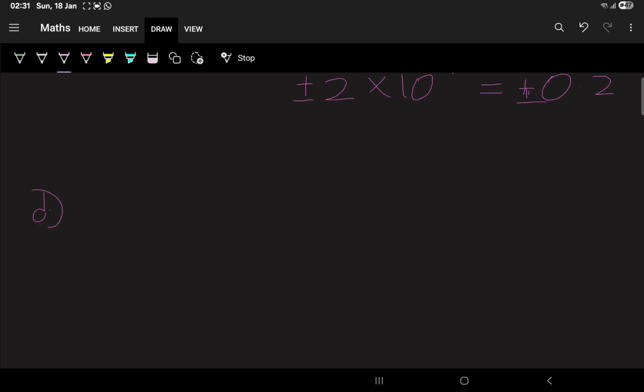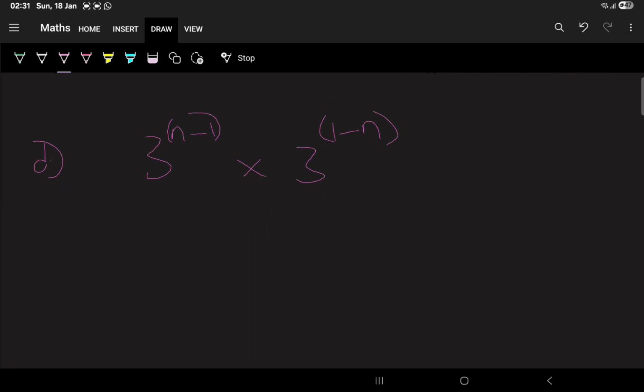Next we have 3 raised to the power of n minus 1 multiplied by 3 raised to the power of 1 minus n. Now this is also the multiplication rule. Don't let the somewhat complex power intimidate you.